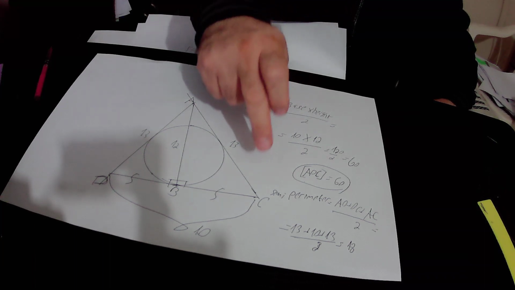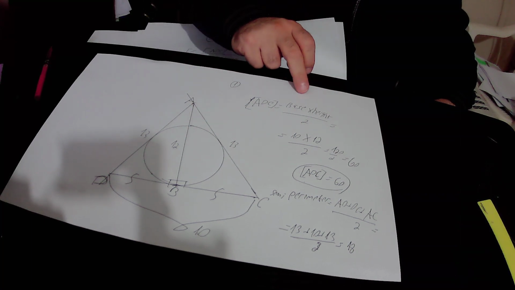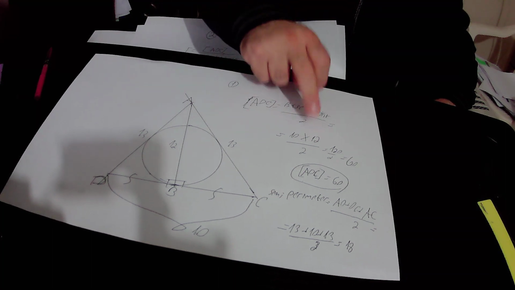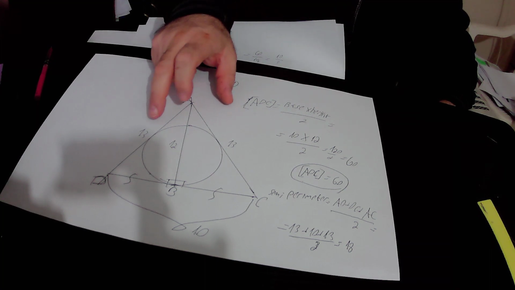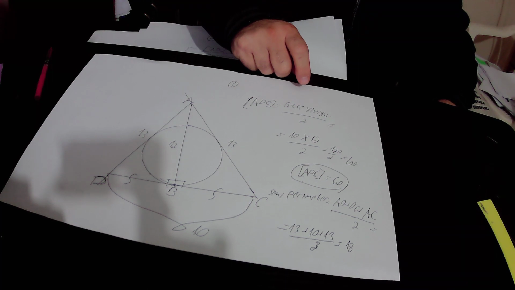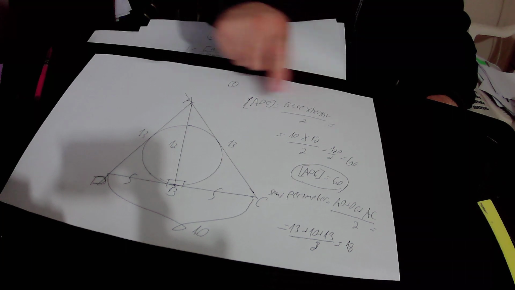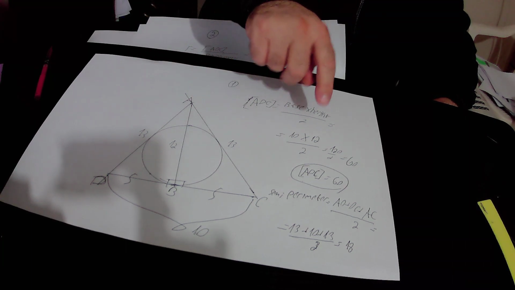The base DC equals 10 units. The height AB equals 12 units. So the area of triangle ADC equals 10 times 12 over 2. 10 times 12 is 120. 120 over 2 is 60. So we found out that the area of this big triangle ADC is equal to 60 square units.